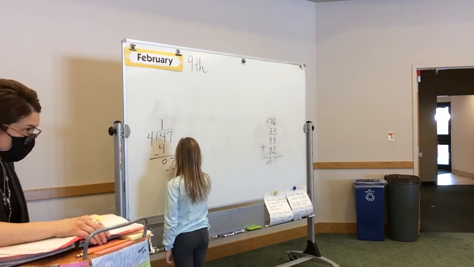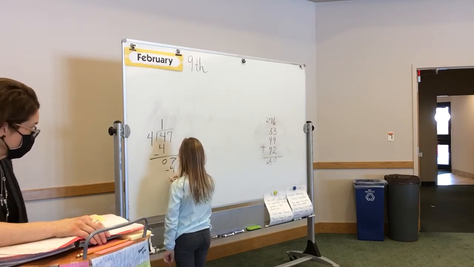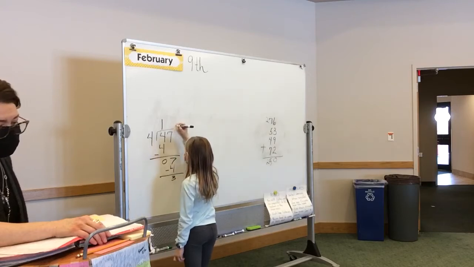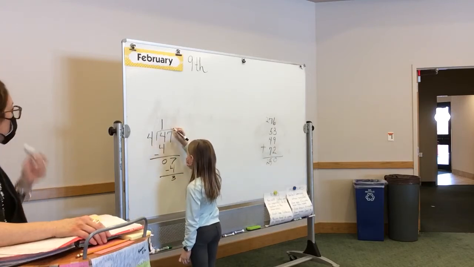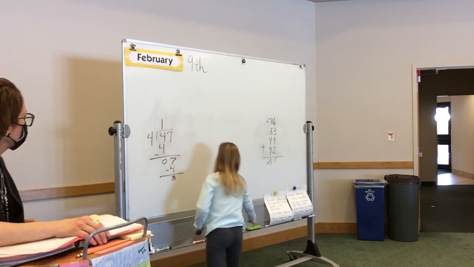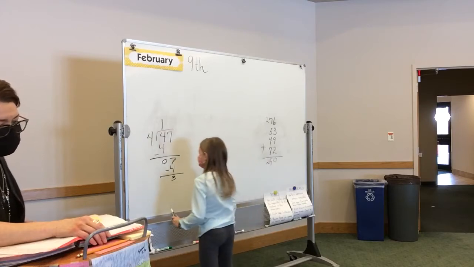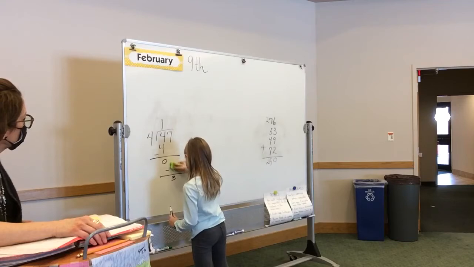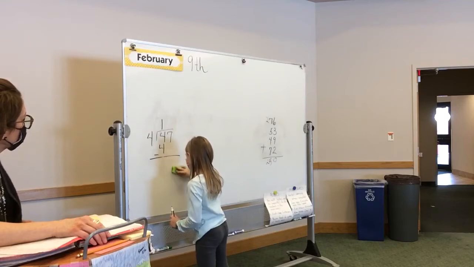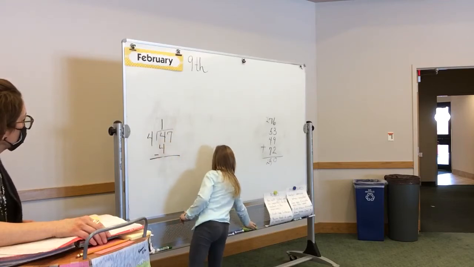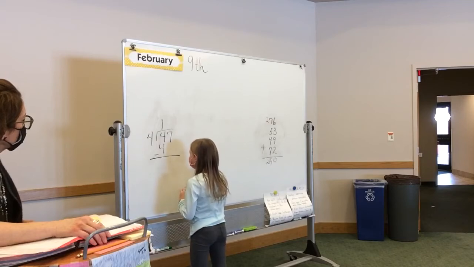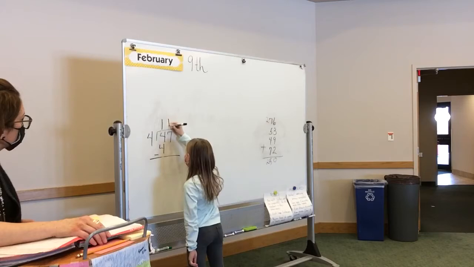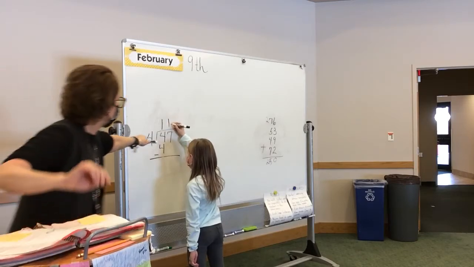And how would you say that? 250. So you zero out the 4 and take the 7 down. Do the work.